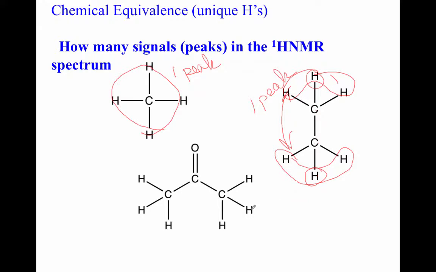Looking at this, I have these H's and these H's. Hopefully you can tell that these three are the same chemical environment, and these three are the same chemical environment. Looking at this one, I have a carbon-carbon double bonded O carbon. Looking at a hydrogen in this environment, again, this is just one peak, one chemical environment.